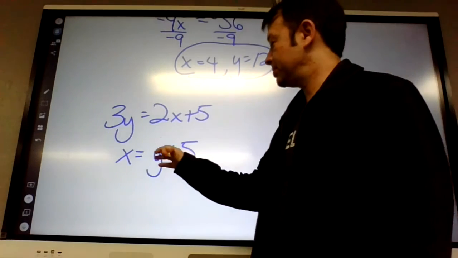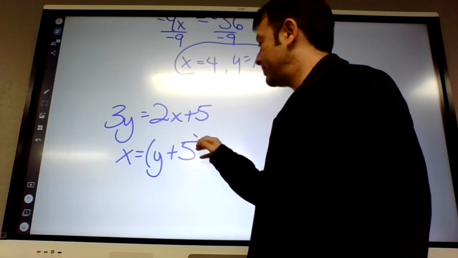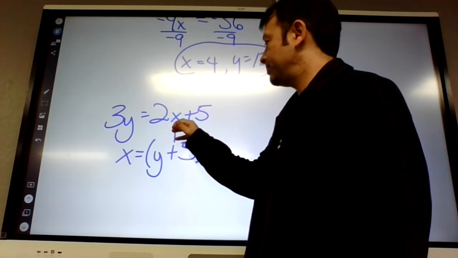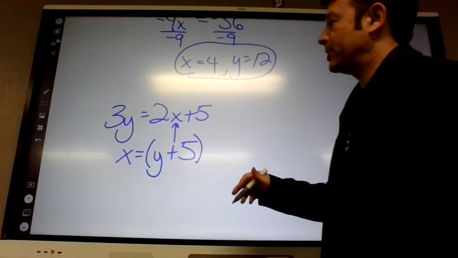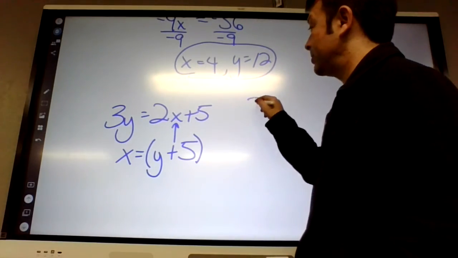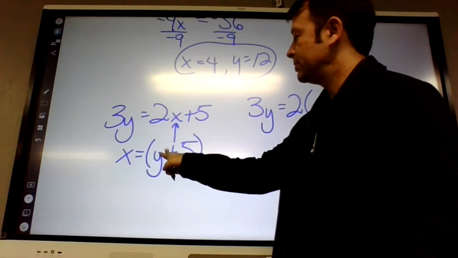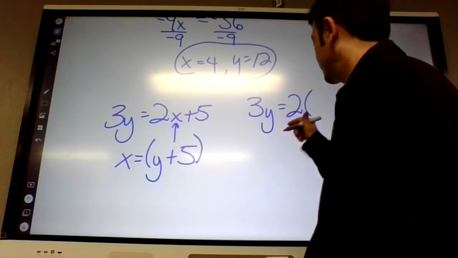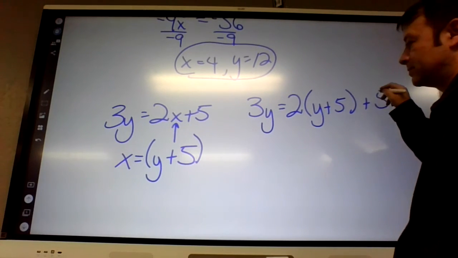Oh wow, you guys are good. Because if x equals y plus 5, I can plug that in for the other x, turn it into y plus 5. So the top equation would become 3y equals 2 times y plus 5, plus 5.